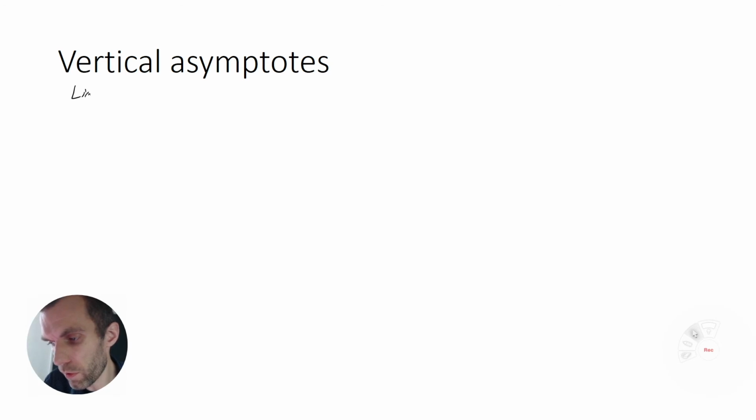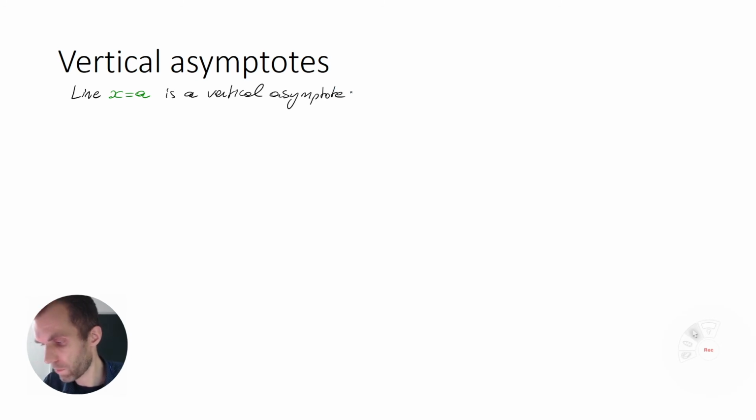So the line x is a vertical asymptote if at least one of the following is true.